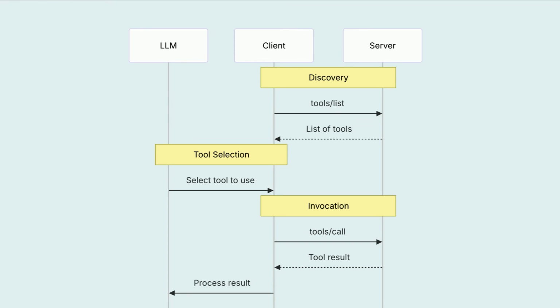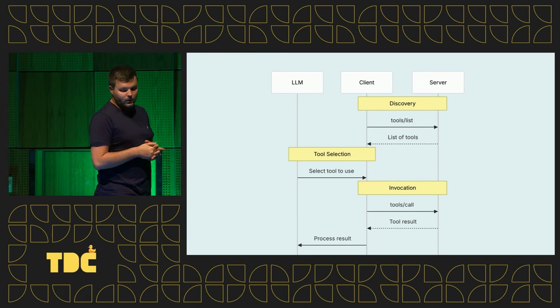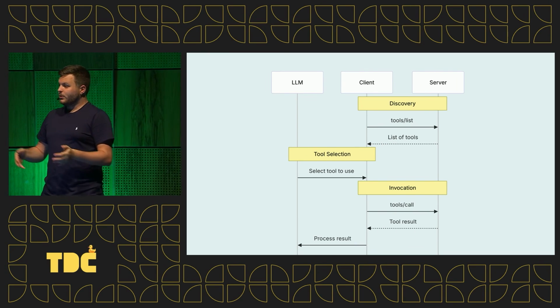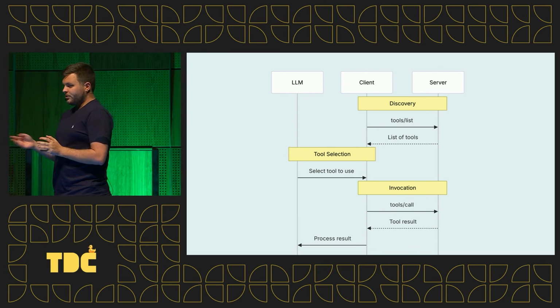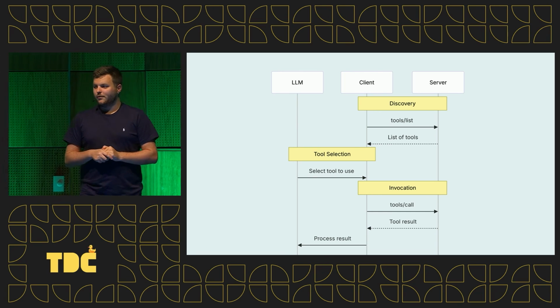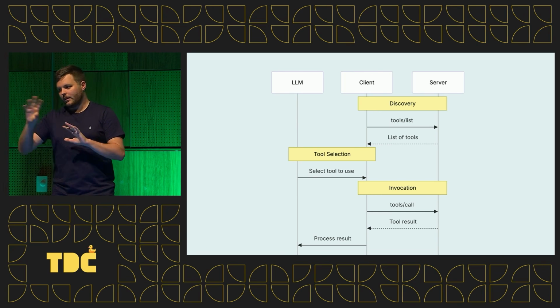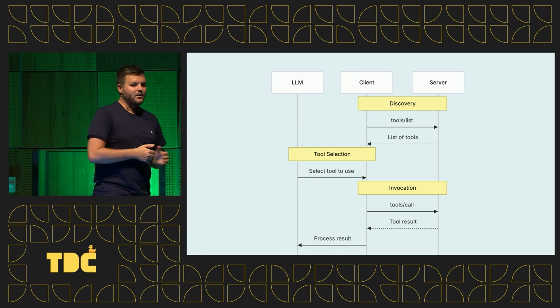And the MCP client can then provide those to the LLM to say, here's our options to choose from. You give it a task, it goes through the tool selection flow, the LLM is asked to determine which of the available tools it should be calling, and then it will select those tools. The client invokes those tools through, as I said before, function calling through the LLM. They get called, and the result is processed and put back to the LLM.